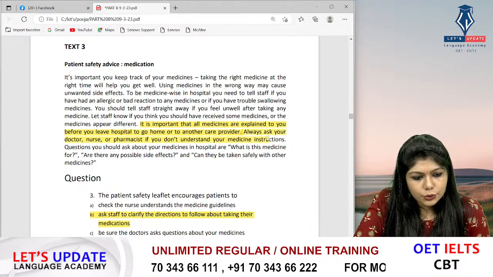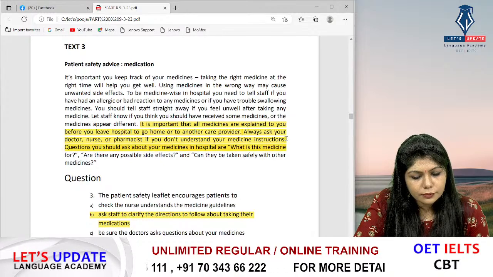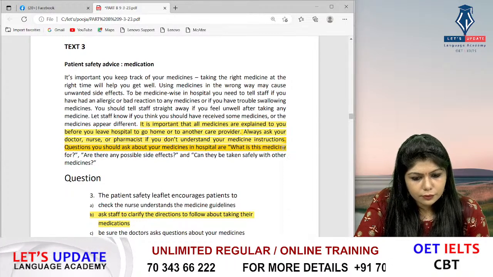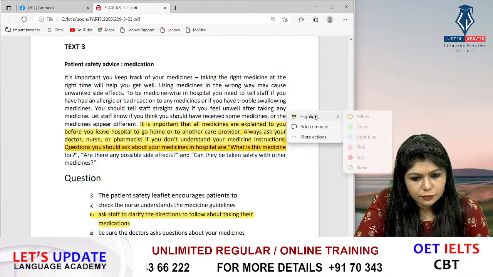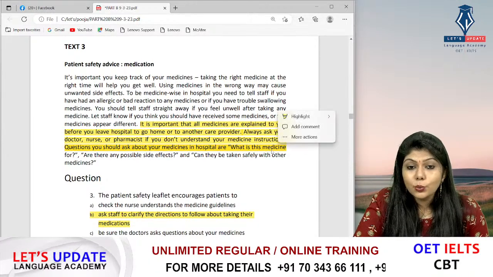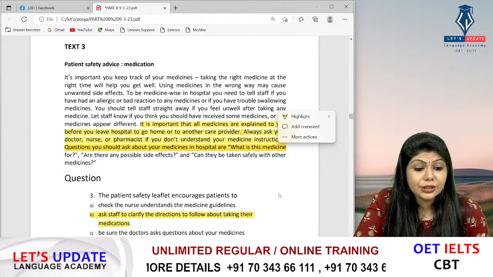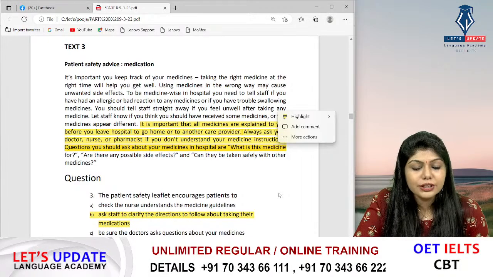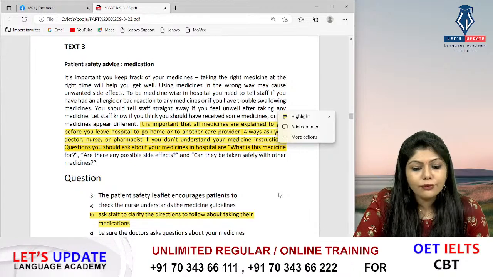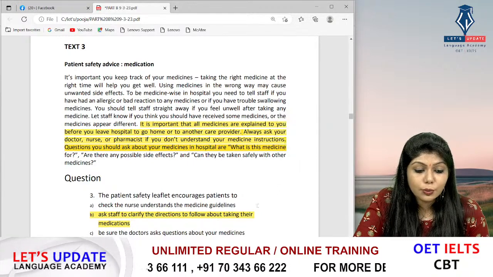So yes, it is also mentioned, and that is why your answer is B. Basically they are telling you that all this information about the medication, the dosage, and all those details should be explained to you. If not, you need to always ask them, doctor, nurse, or pharmacist, for the medication instructions. You need to follow them. So that is what is mentioned in option B.